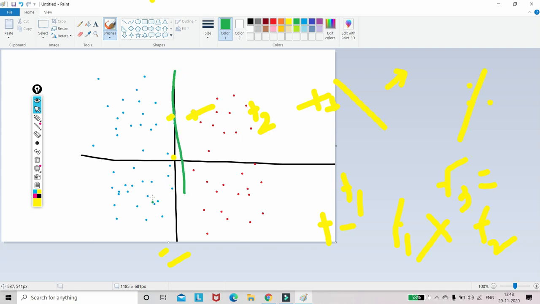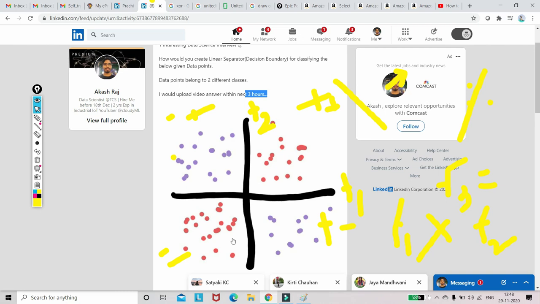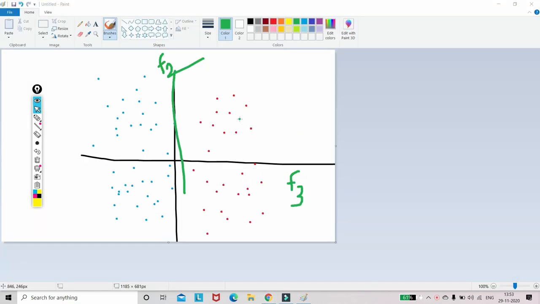My points which were here previously have now come to this side. As you can see here, the f2 y-axis feature remains the same, but I am changing the x-axis to the f3 feature, which is a derived feature, f1 into f2.